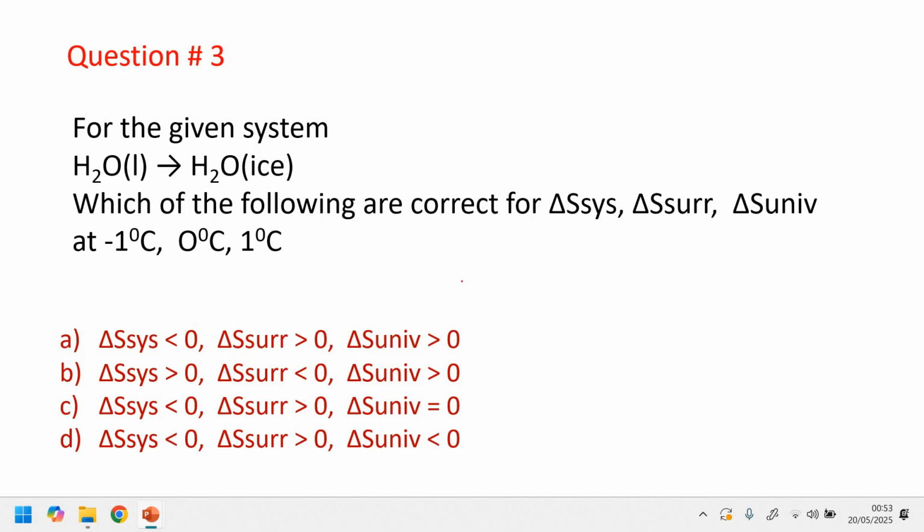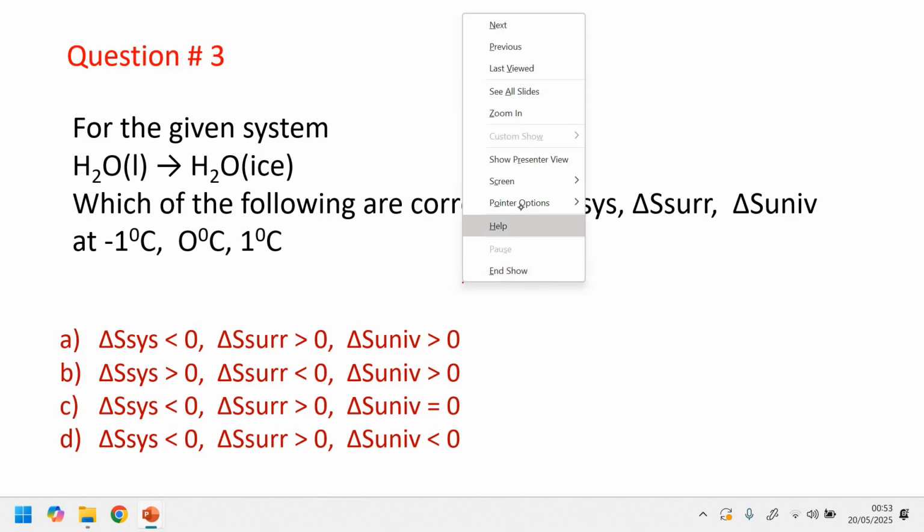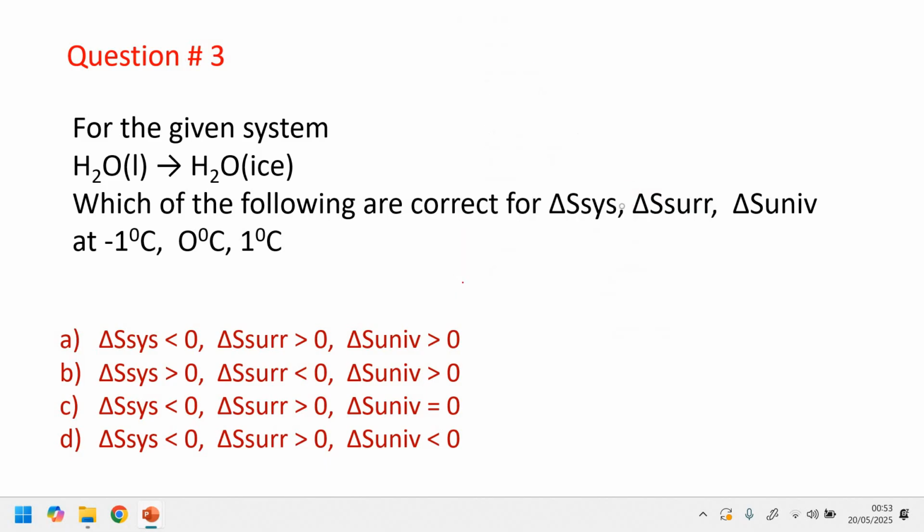Here, what it is? Here it is. For the given system, that is liquid water to ice. Okay. That means it is the freezing. Which of the following are correct for delta S system, delta S surrounding, delta S universe at -1 degree centigrade, 0 degree centigrade and 1 degree centigrade?